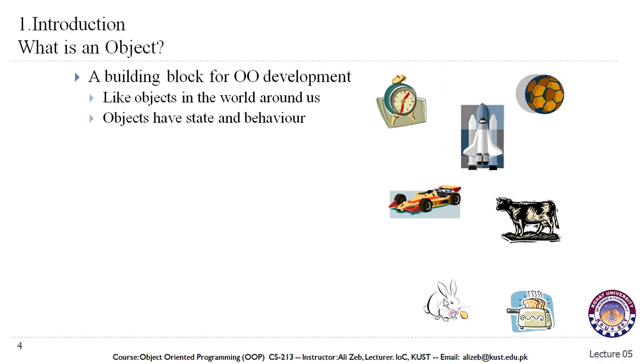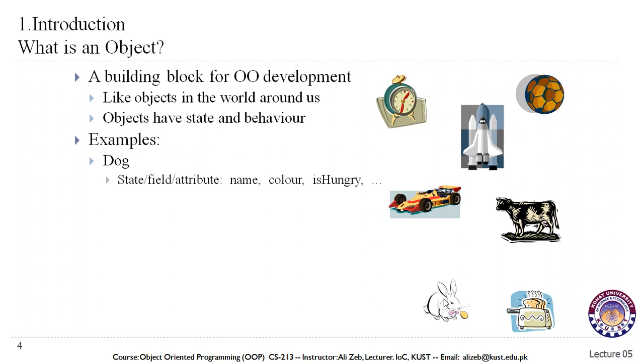Objects have state and behavior. For example, the state of a dog, maybe that is an animal, can be the fields or the attributes that can be attributed to a dog. These are the things that we can, for example, identify an object from. So a dog may have a name, it may have a color.